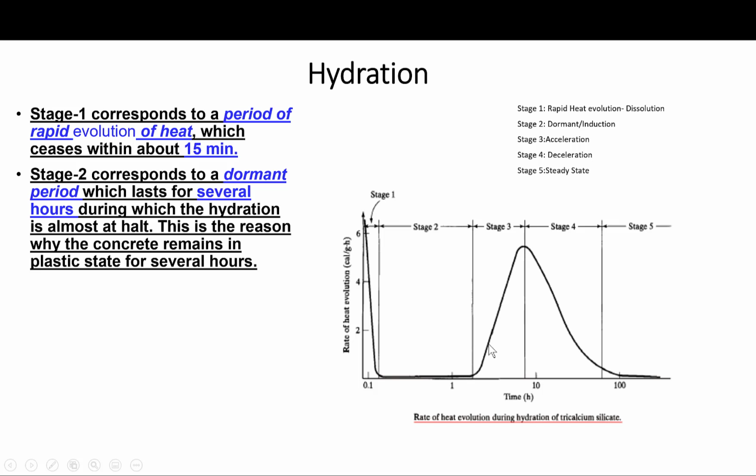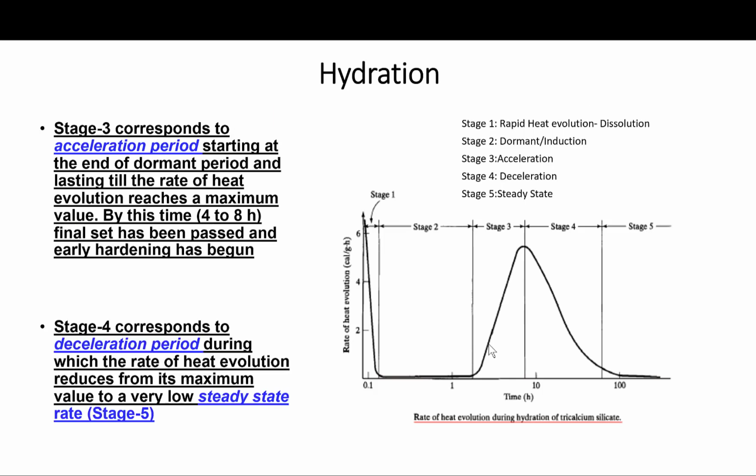As you can see, there's an acceleration period. The silicate continues to hydrate rapidly, reaching a maximum rate at the end of the acceleration period. Okay, then we have stage 3, which corresponds to the maximum rate of heat evolution. By this time, about 4 to 8 hours, final set has been passed and early hardening has begun.